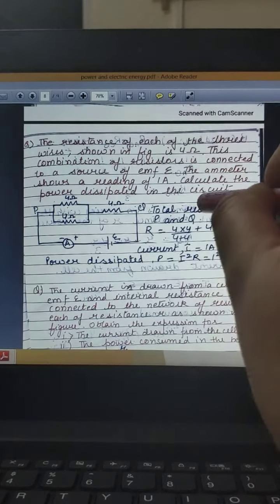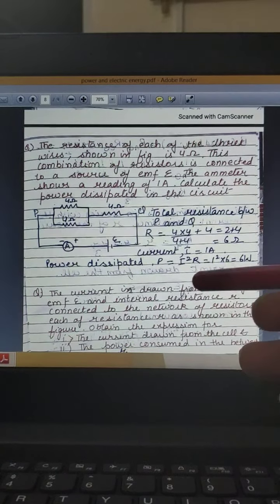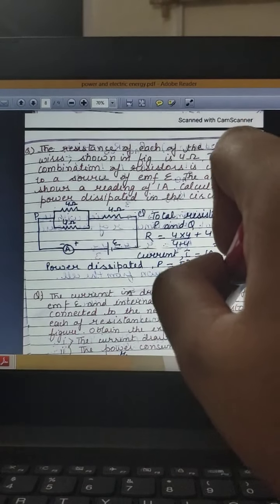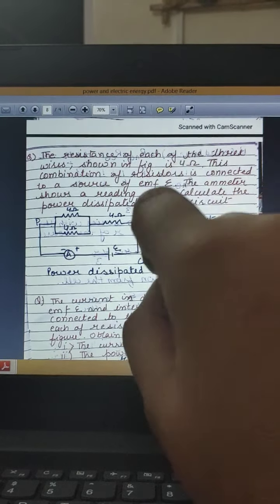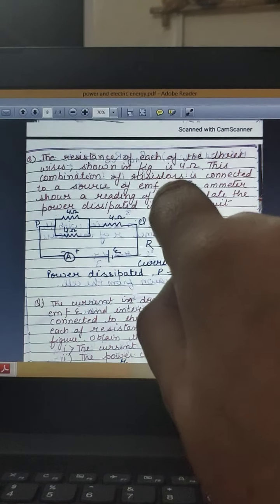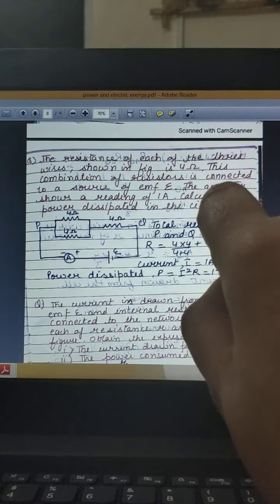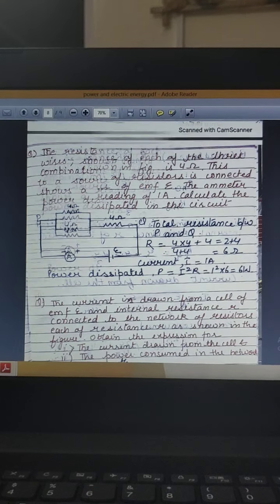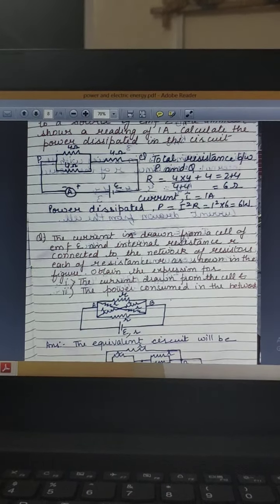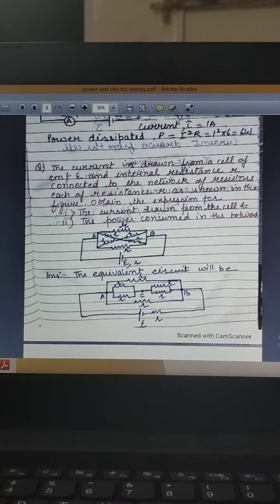You have to find out power dissipated. So you need either VI or V square upon R or I square R. So you are having I and R here, so the formula used will be I square R. Putting the values, we get 6 watt. So depending on the situation, depending on the values given to you, you will use the formula.